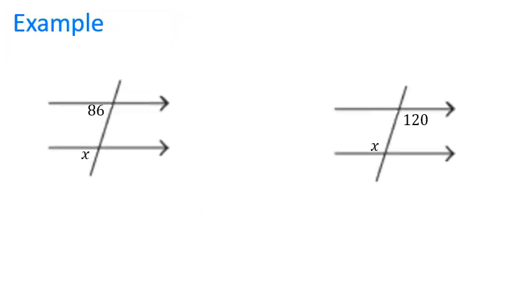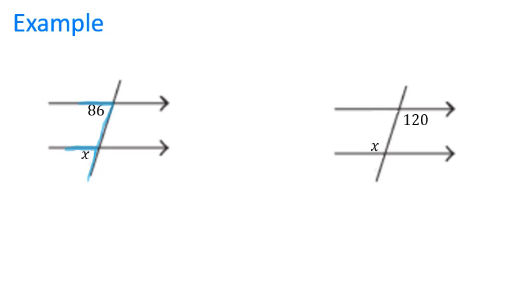Let's have a go at identifying these angles. If I'm not sure what shape it makes, then I always get out my highlighter and draw in the corner of each angle. So this is the corner of that top angle, and this is the corner of that next angle. We can see here that it makes an F shape.